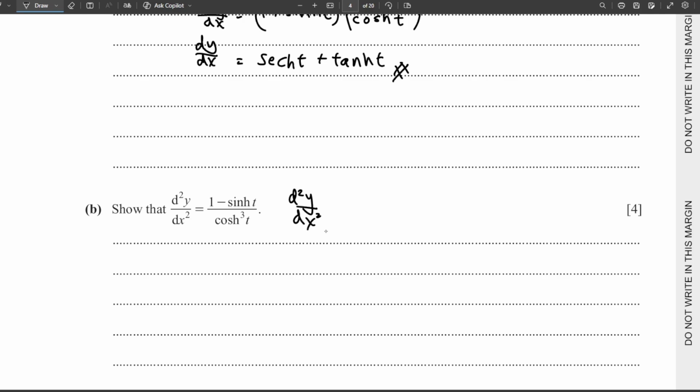We cannot take the derivative in terms of x because we don't have that parameter here. We only have t, so we take the derivative of dy/dx in terms of t, and multiply using the chain rule by dt/dx, because we want the second derivative in terms of x.